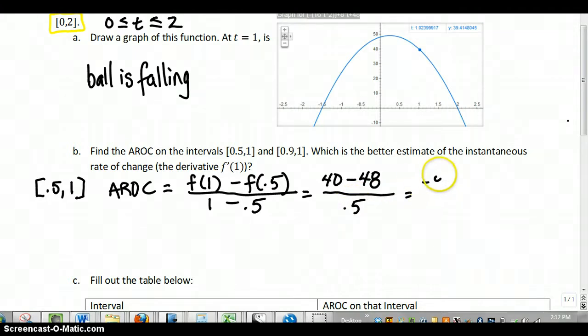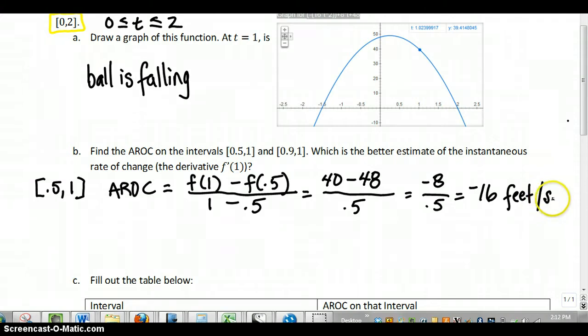So altogether we have negative 8 divided by 0.5, which ends up being negative 16. And remember, since this is a real problem, we have units here. What are the units going to be? They're the units of the output over the units of the input. The height of the ball is in feet, the input is in seconds. So this is feet per second.